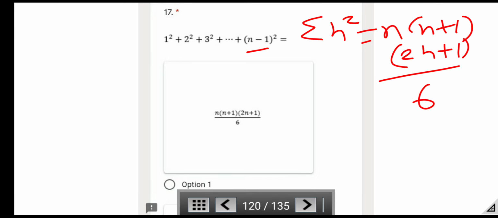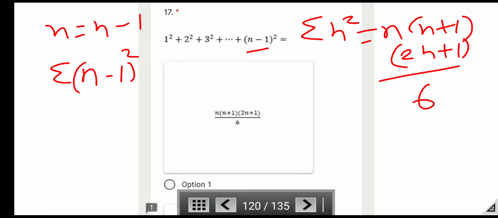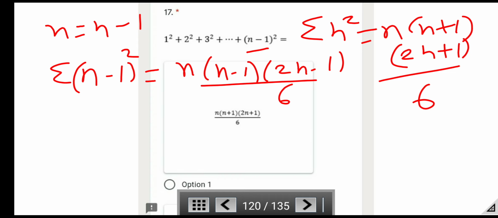Now put n equal to n minus 1. So we get summation of (n minus 1) square is equal to (n minus 1) n (2n minus 1) divided by 6.